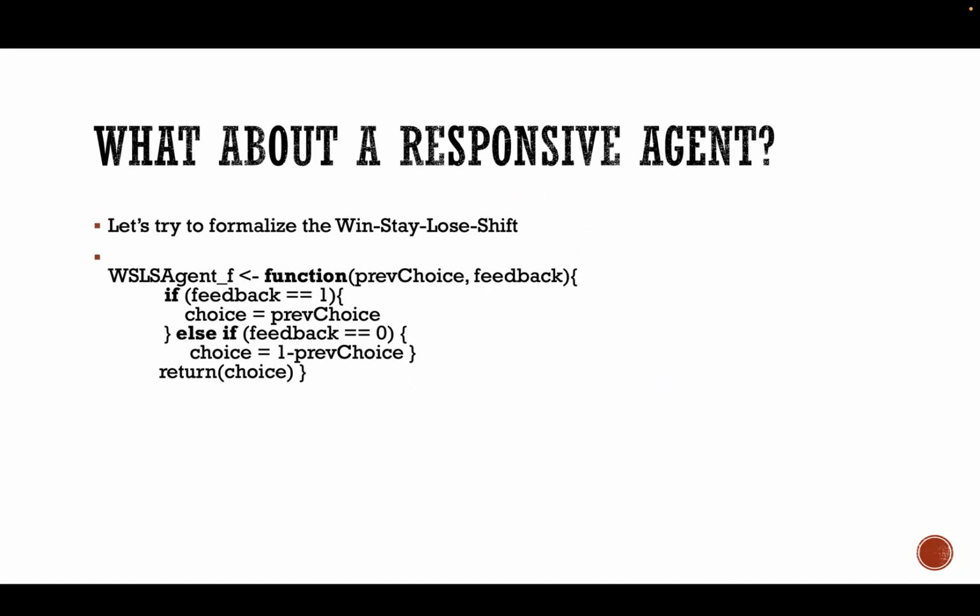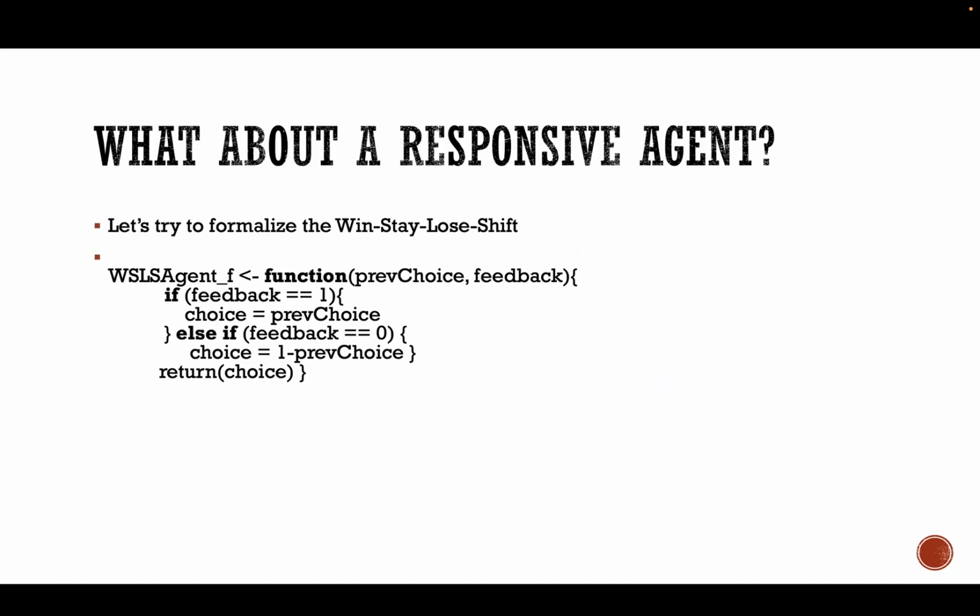And so we're creating a function which at this stage has 2 inputs. One is the own previous choice, and the other one is feedback. It could also be the opponent's previous choice. As I said, as long as you have 2 of the 3, you have everything.